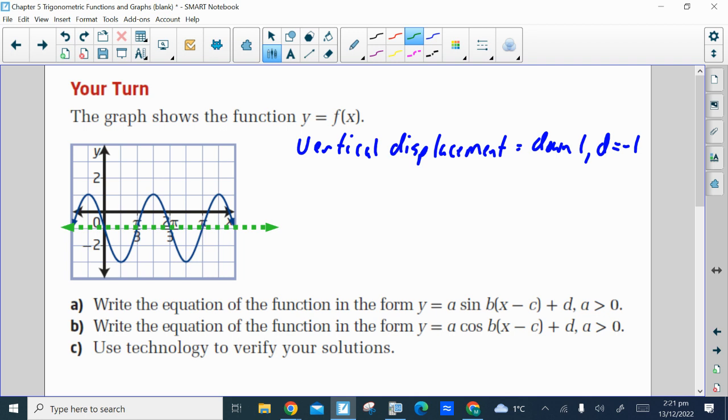Our d line is halfway between the max and the min, and the distance from the d line up to the max or down to the minimum is the amplitude. Our amplitude in this case, again, is positive 2. So that is our a value, positive 2. The maximum is 2 units above the middle. The minimum is 2 units below the middle.